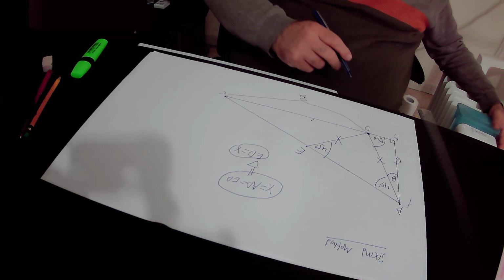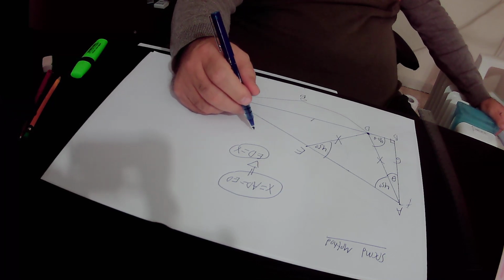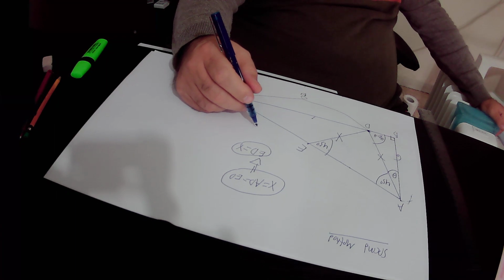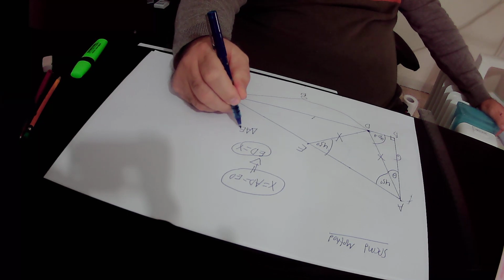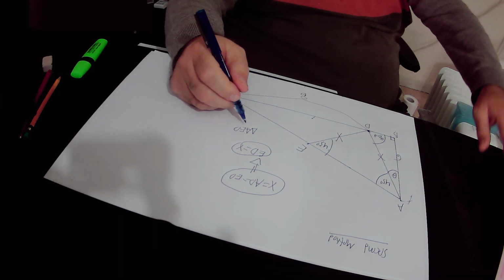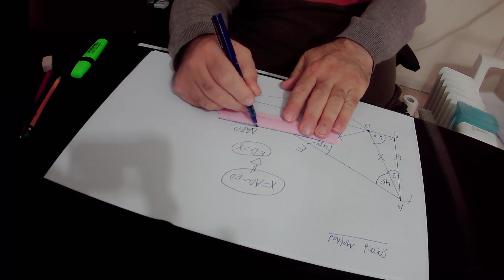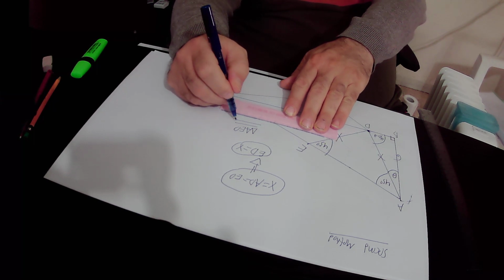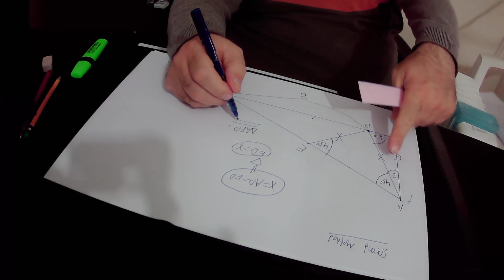Okay, and we also know that the sum of the angles in any triangle in the world must be equal to 180 degrees, and especially in triangle ADE, the sum of its angles must be equal to 180 degrees. So which angles do we have in the right triangle, in triangle ADE?